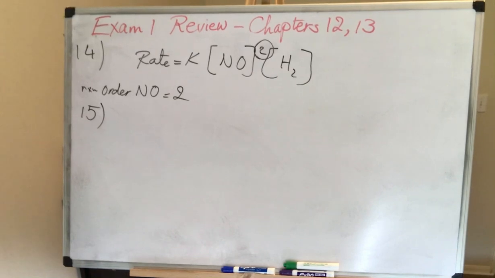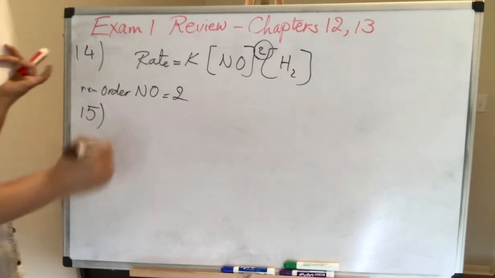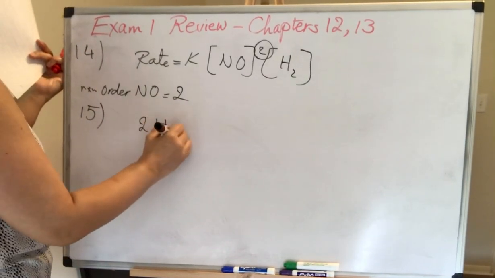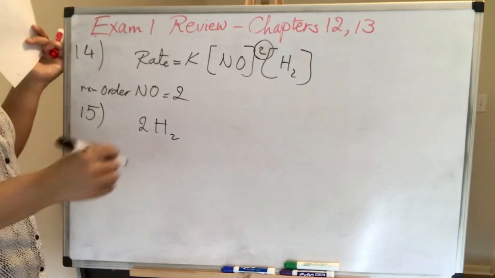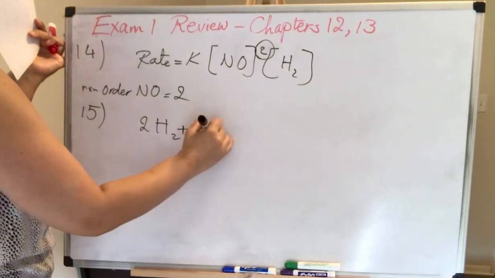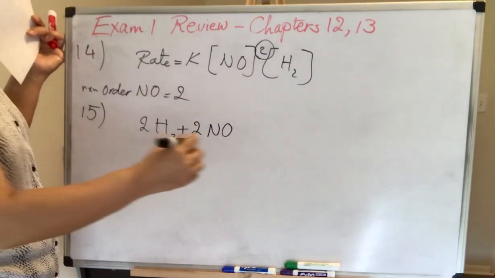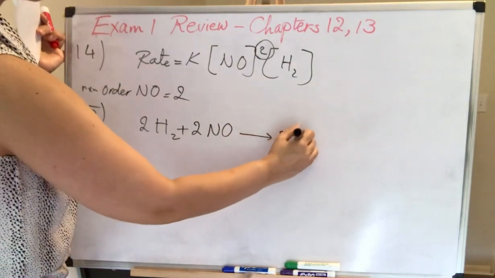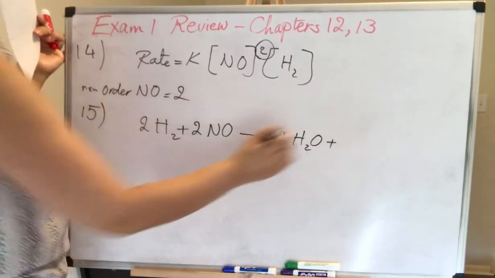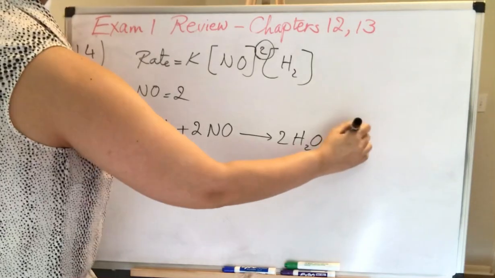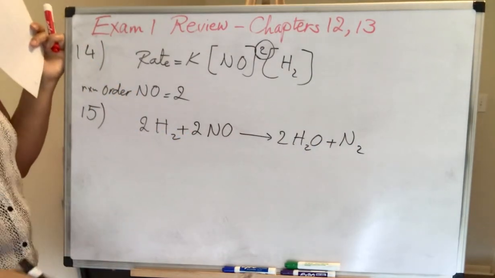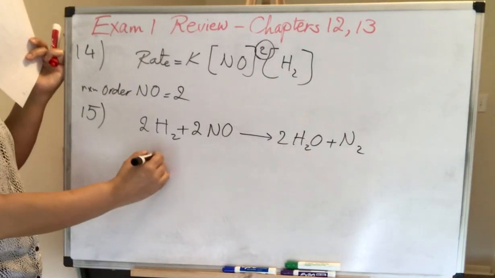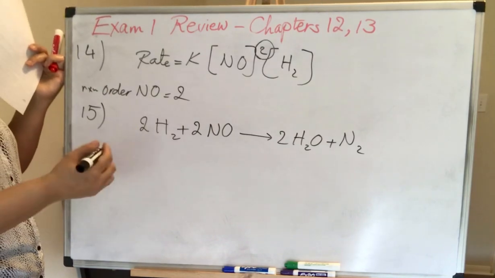Question number 15. The reaction given is first order in H2. Let's write down the equation because we need to write down the rate law from the equation. 2H2 plus 2NO gives 2H2O plus N2. Let's first write down the rate law.